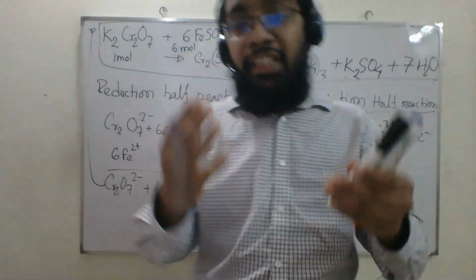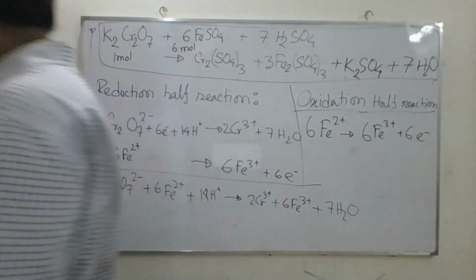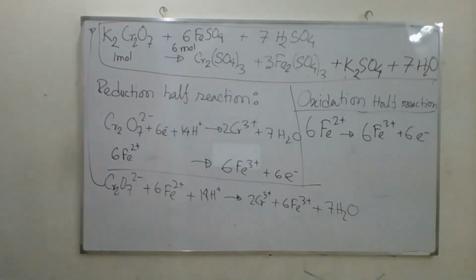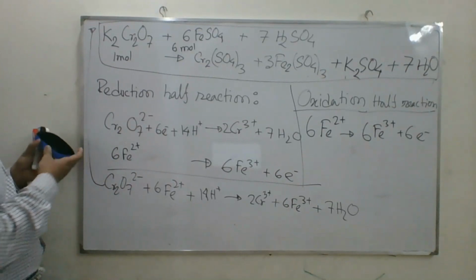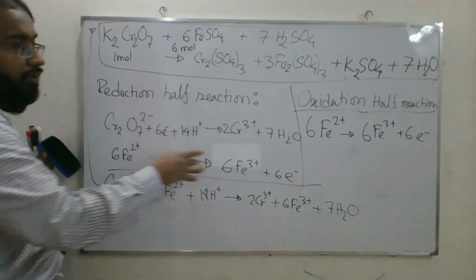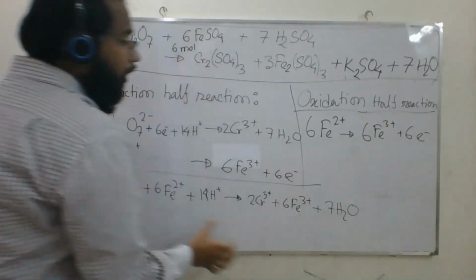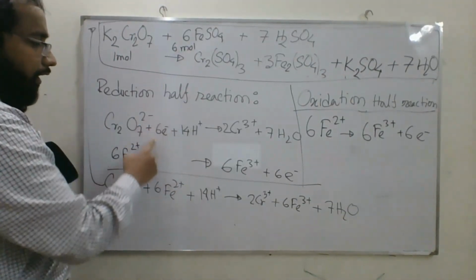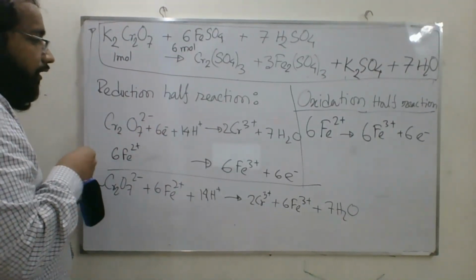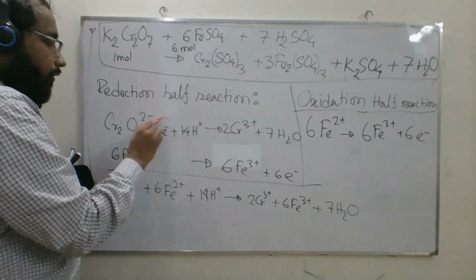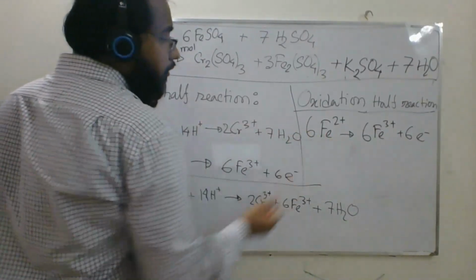This is basically very easy and you can do it by yourself, and this is just a simple method. At first go for the reduction reaction, then the oxidation reaction, then find out whether the number of electrons in the reduction reaction is equal to that of the oxidation reaction or not.